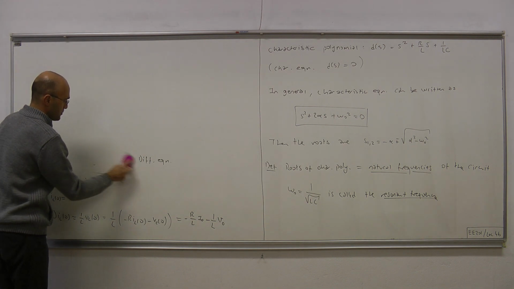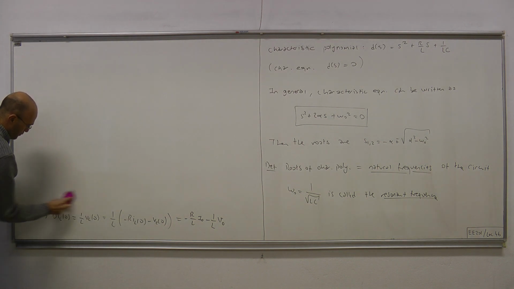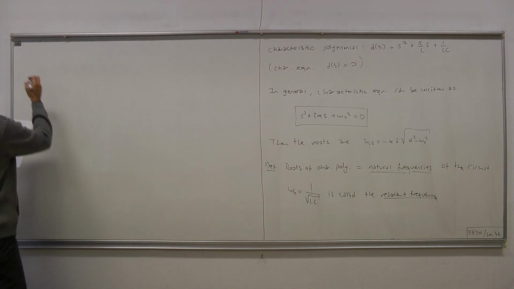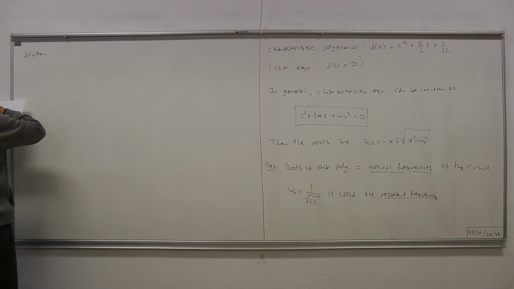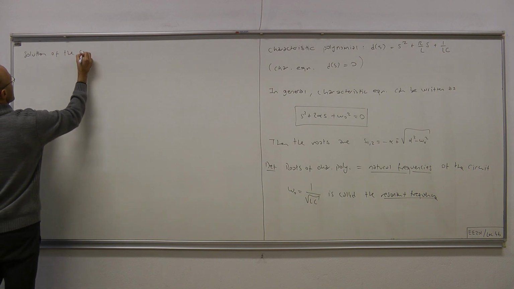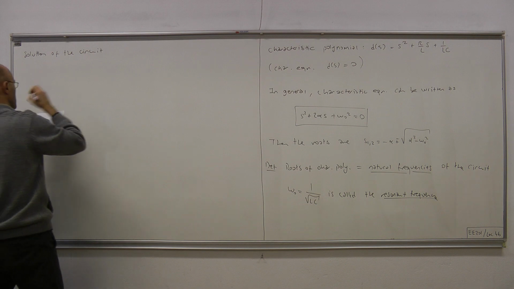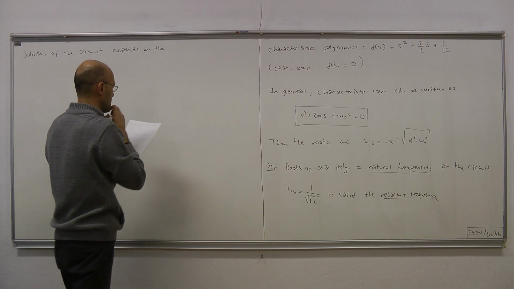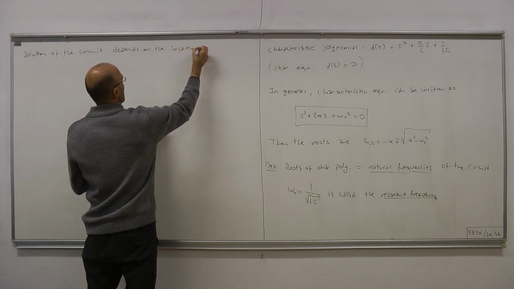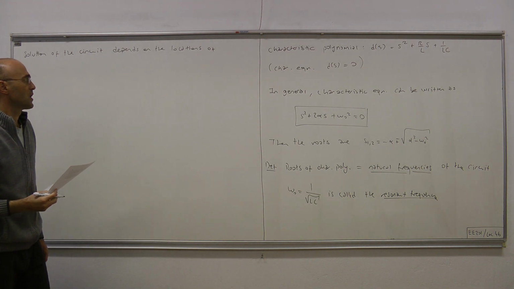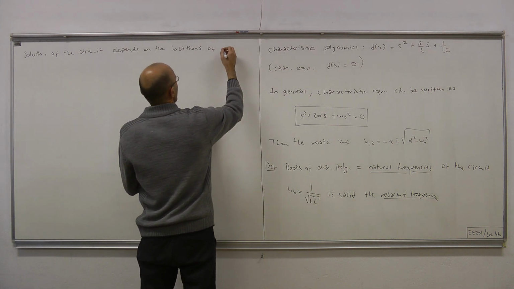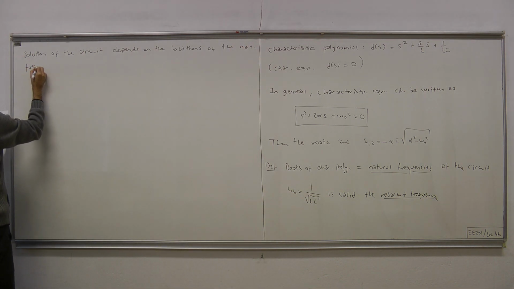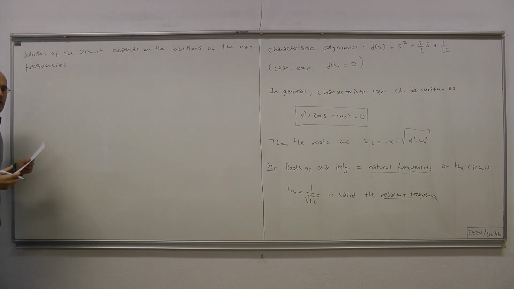So the solution of the circuit depends on the locations of the roots of the characteristic polynomial, or locations of the natural frequencies of the circuit, on the complex plane.